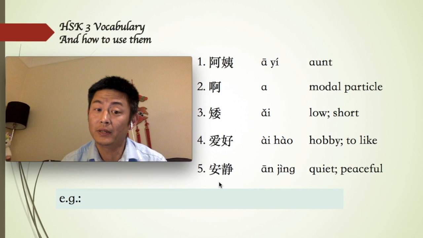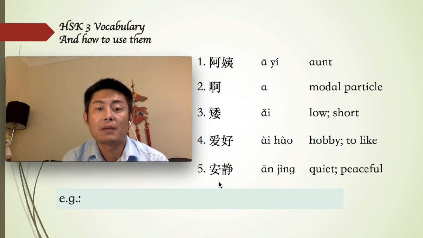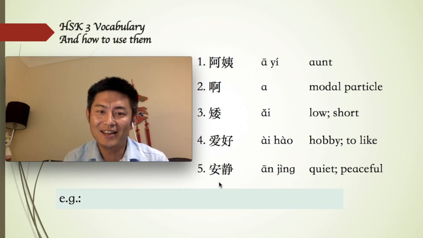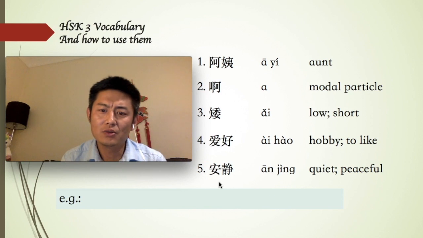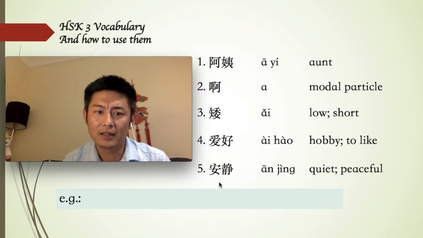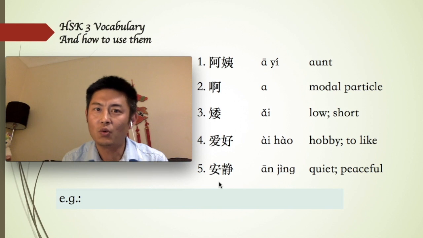It's quite boring. But I like it. You could use this to describe a person, like 阿姨很安静. The aunt is very quiet. Or 矮阿姨很安静. Or you can use 安静 to describe something, like 安静的教室, quiet classroom, or 安静的城市, a quiet city.